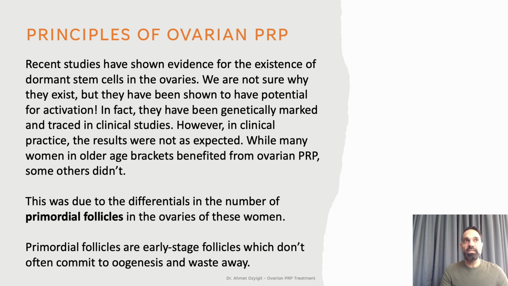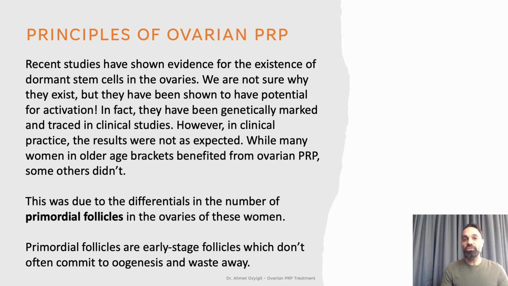And in these women as well, we see quite a wastage of these primordial follicles. So with every menstrual cycle, about hundreds of primordial follicles are prepared for ovulation, are prepared to undergo and complete the stages of oogenesis, but they simply waste away, and we end up with only one or maybe even two follicles that reach the stage of ovulation.